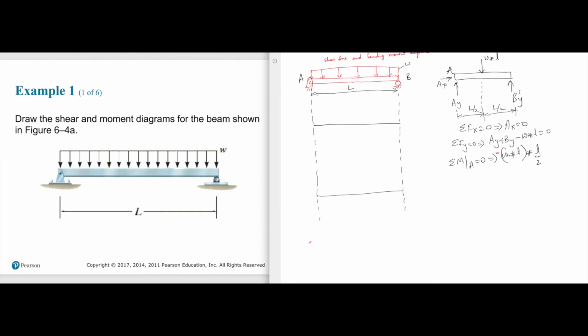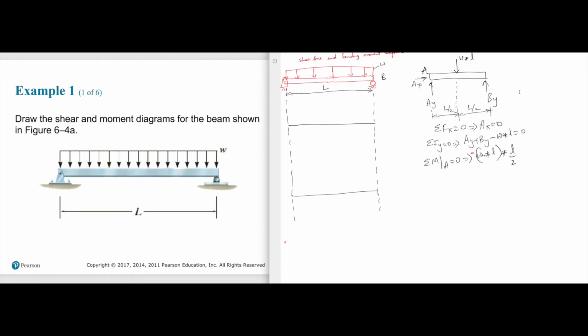Then plus BY times L, counterclockwise, is equal to 0, so BY is W times L over 2. Also, obviously by symmetry, AY is W times L over 2 as well.